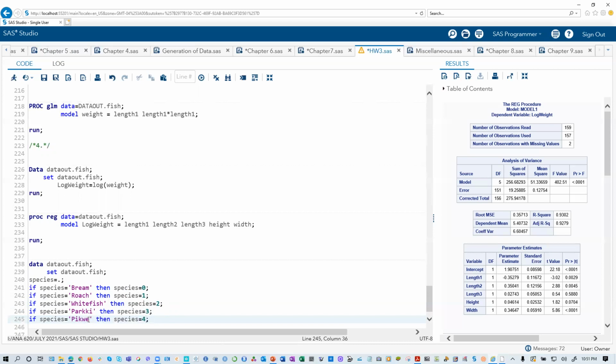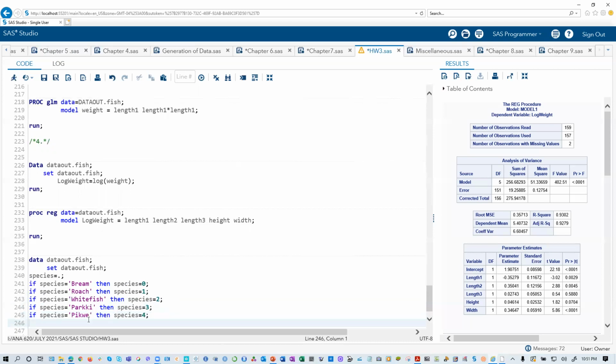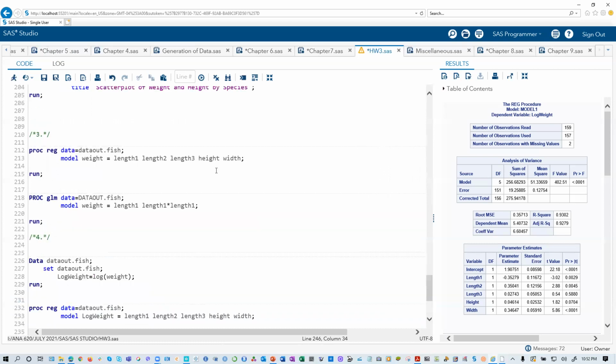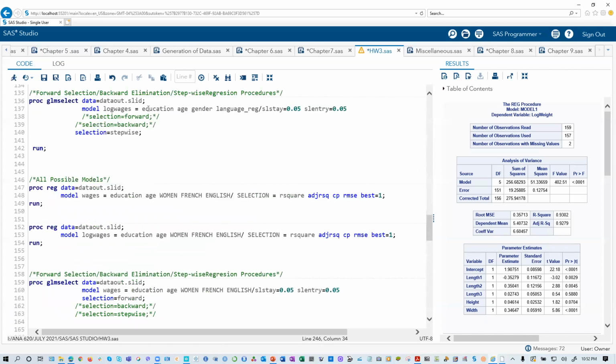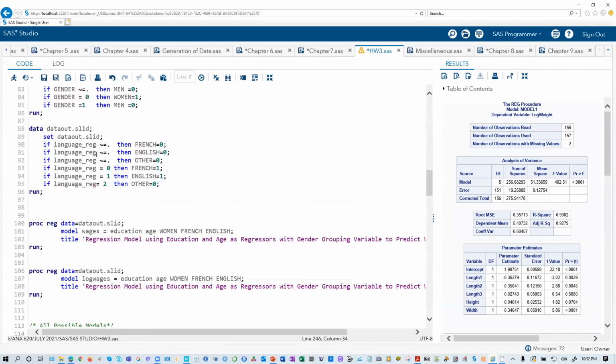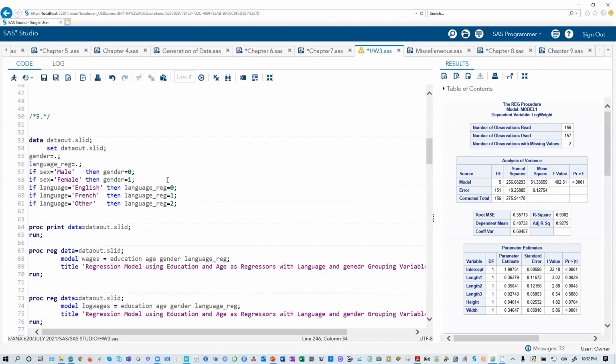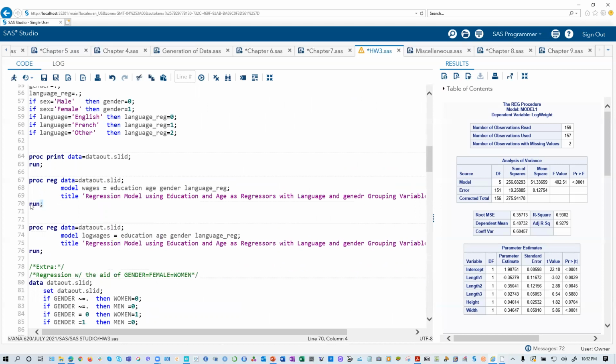Then the other one, smelt. This one, and then not this one. That's a different way of doing that one.